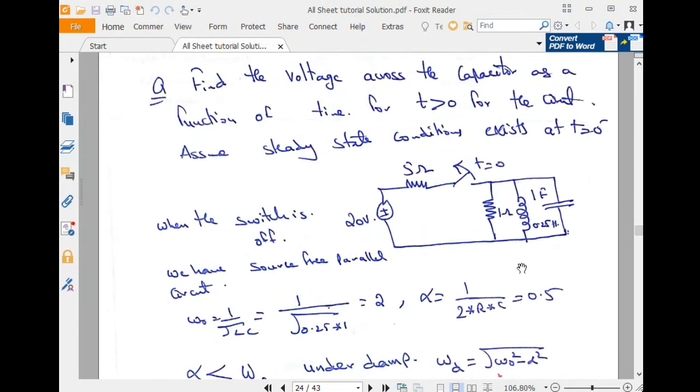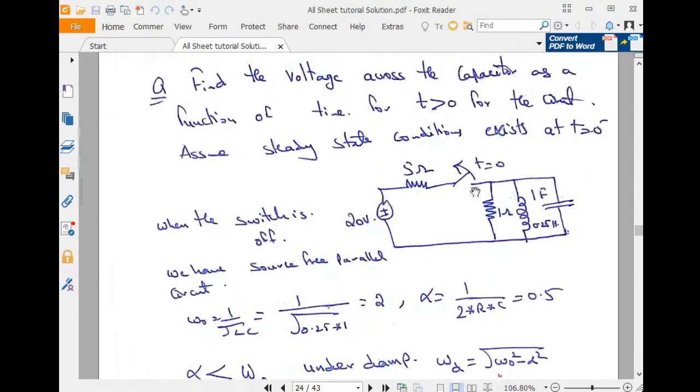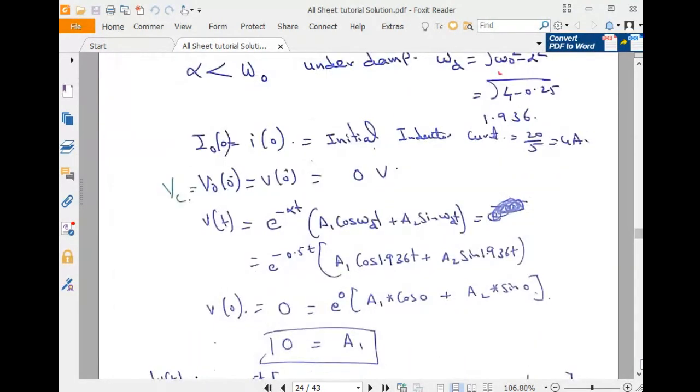When it is a short circuit, the voltage will be 0 here. The whole voltage will be across the 5 ohm resistance. Since it is a short circuit, the capacitor voltage will be 0. Just clear?